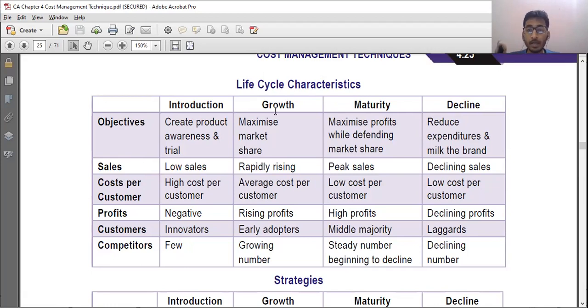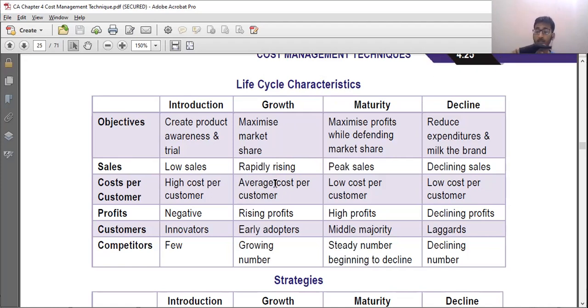Now the second stage is the growth stage. At the growth stage, what is my objective? We wanted to grasp the market. The sale is rapidly rising, we have understood that point. The cost is average cost per consumer. Why? Because the advertisement cost declines, but still it is there.